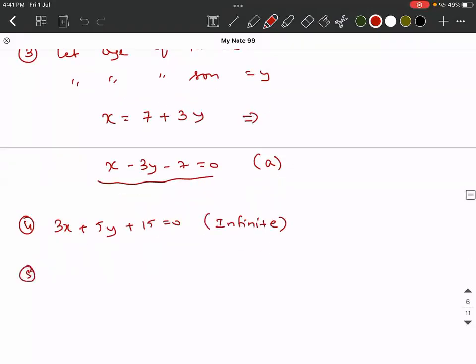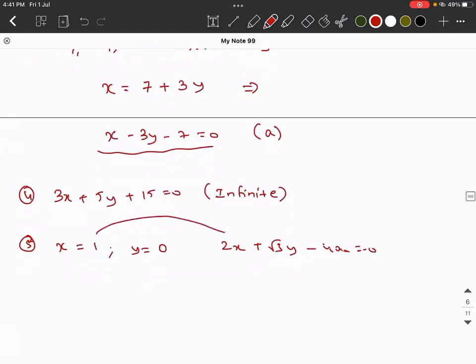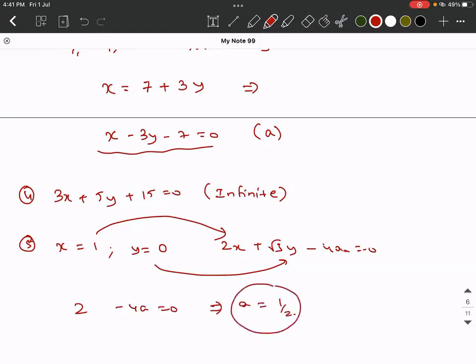Fifth one. x is equal to 1 and y is equal to 0. 2x plus 2y minus 4a is equal to 0. So we need to find the value of a. So take x is equal to 1 and substitute, y is equal to 0 and substitute. So 2x minus 4a is 0, sorry, 2 minus 4a is equal to 0, which implies a is equal to 1 by 2.